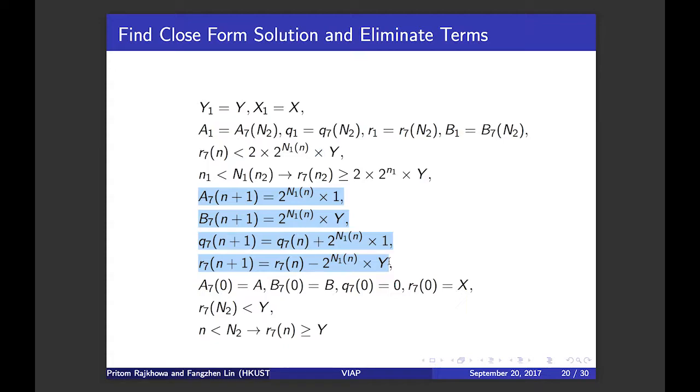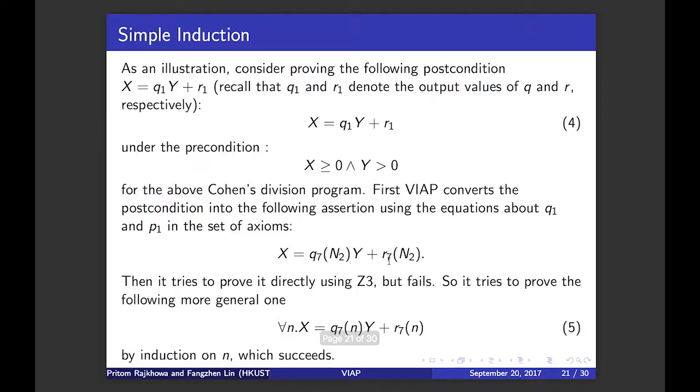So to prove the post condition in such a scenario, what are we going to do? Let's consider the post condition x equal to q1*y + r1, where q1 and r1 denote the output values of q and r respectively, under the precondition x greater than or equal to y and y greater than 0.